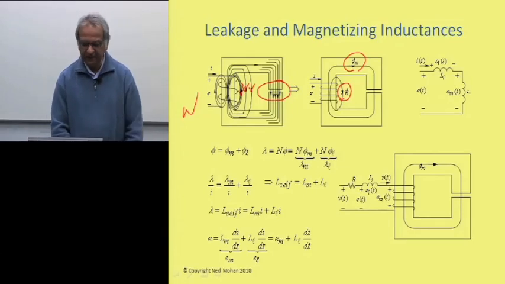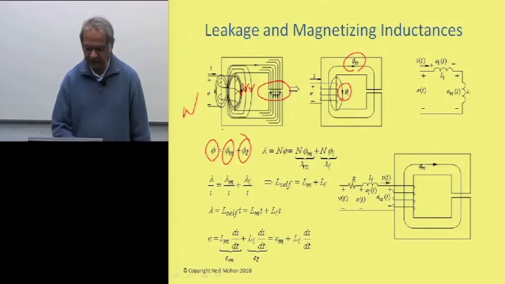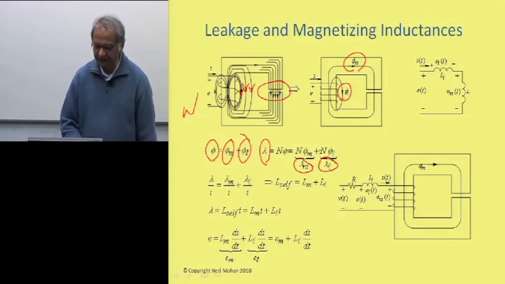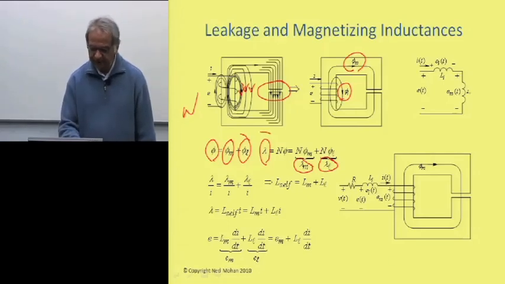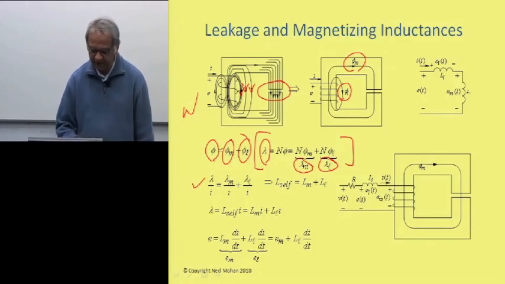So we can see that the total flux is the sum of the magnetic flux and the leakage flux. If we calculate the flux linkage, N times phi, we'll have the flux linkage due to the magnetic flux and the flux linkage due to the leakage flux. Now let's divide both sides of this equation by current, and we get this here.